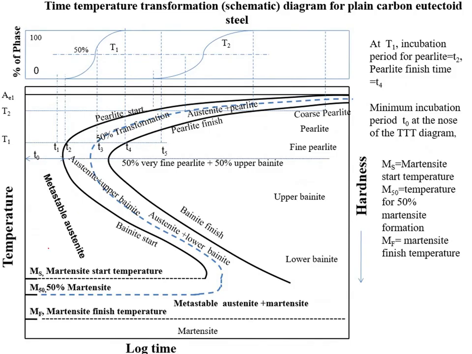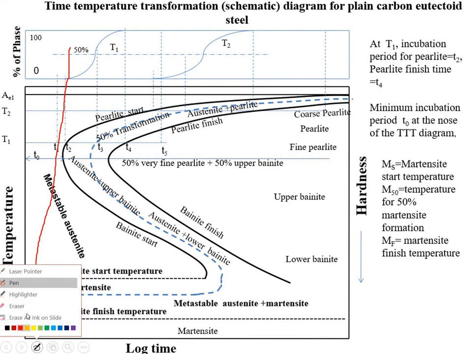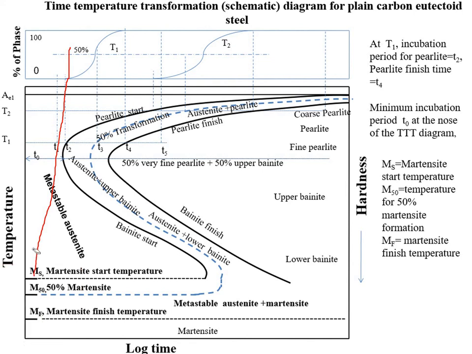So as I was discussing, you will be heating your material, let me erase this. You will be heating your material, and then you will be holding it, then you will be cooling it down. You should avoid this pearlitic region, and then you will be holding it in the bainite region, and then you will be cooling it.